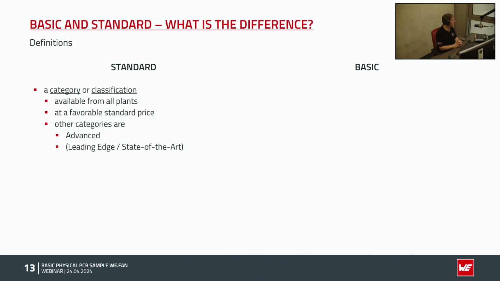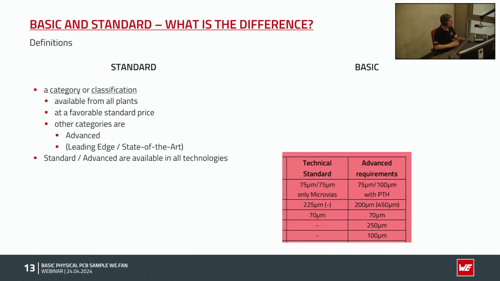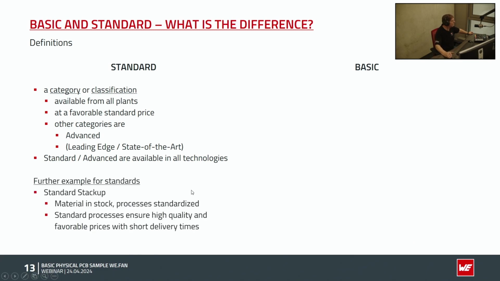Other classifications or categories are advanced or maybe even state-of-the-art or leading edge. So, for example, here we can see design rules. One category is technical standard, which means standard at least, and the other classification is advanced requirements. By the way, it's an excerpt out of our Slim Flex design rules. So standard and advanced is available in all technologies, more or less.